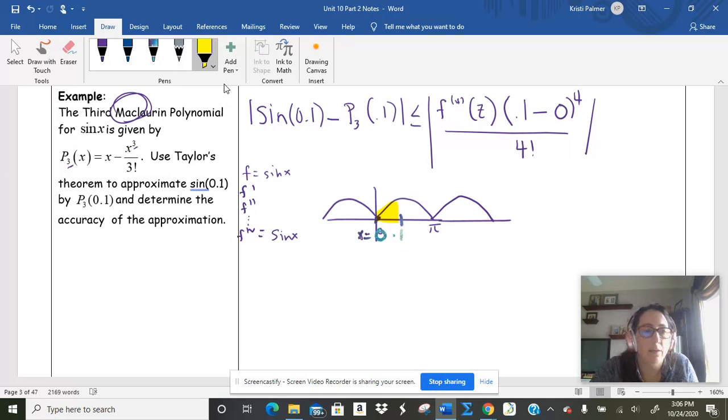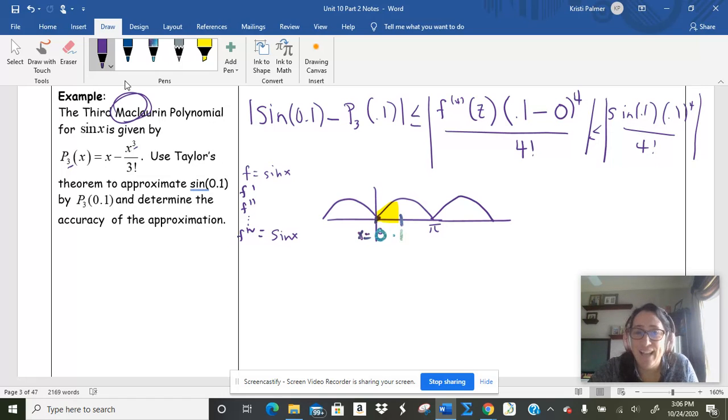It's hard to get it really close. So as I see that, I know that this has to be less than or equal to the sine of 0.1. Okay, and this is what I was kind of saying, and then I'm going to go ahead and simplify this.